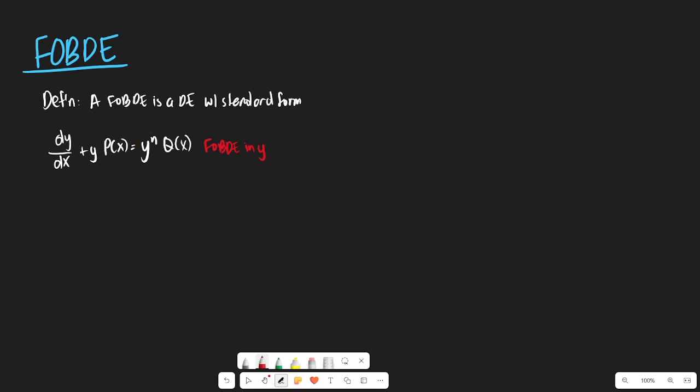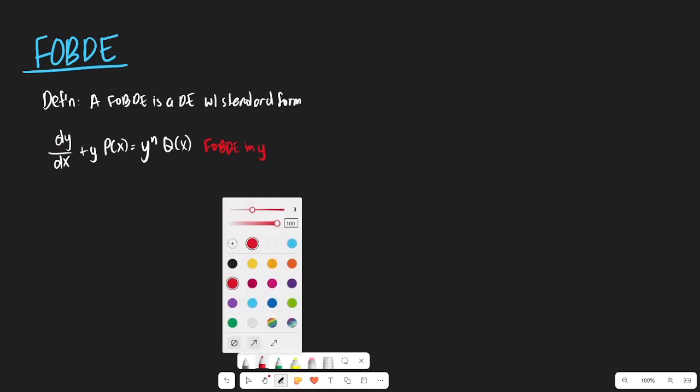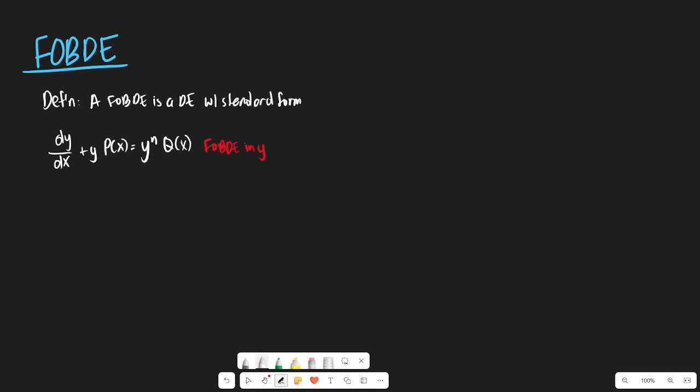This means that since this DE has a y raised to n, where n can take numbers such as 2, 3, and 4, or any natural numbers, a FOBDE is actually not linear by nature.